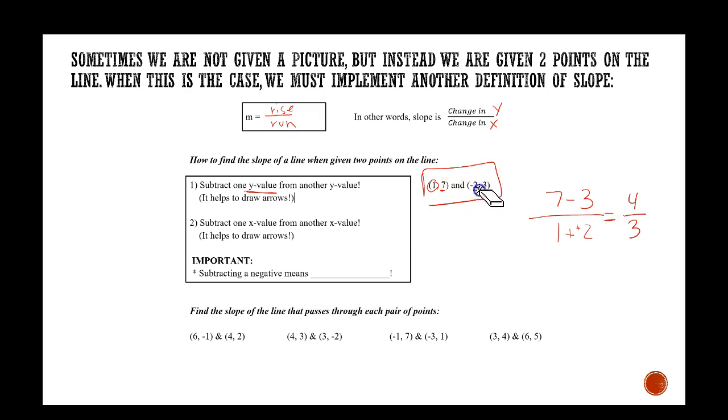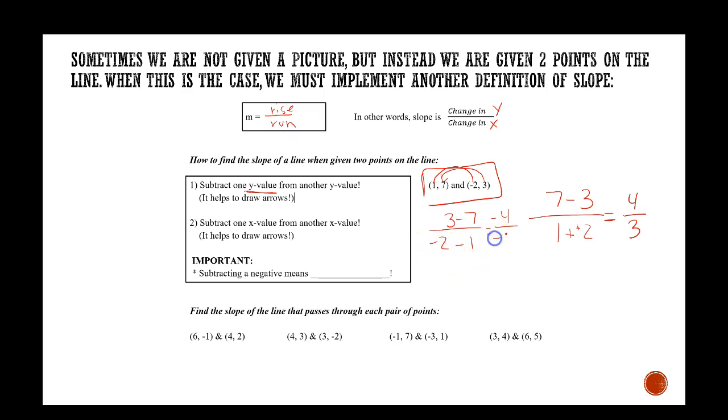Now, just again for show, let's say we did it in the other direction. So instead of doing 7 to 3, we did 3 to 7. That's okay as long as we do negative 2 to 1. So 3 minus 7 is negative 4.